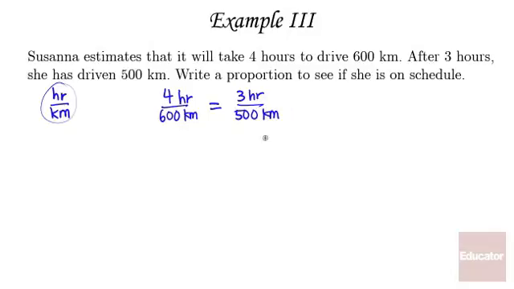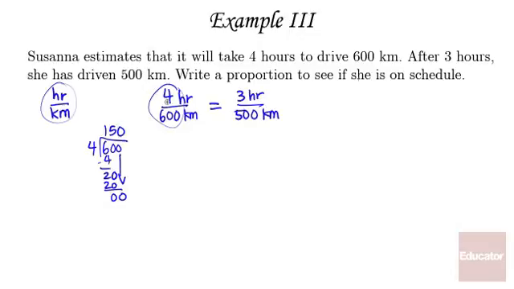Okay? So let's see here. Let's simplify these. Here, if I simplify this, 4 goes into 600 how many times? I'm just dividing it. That's 5. 20. Bring down this 0. 150.